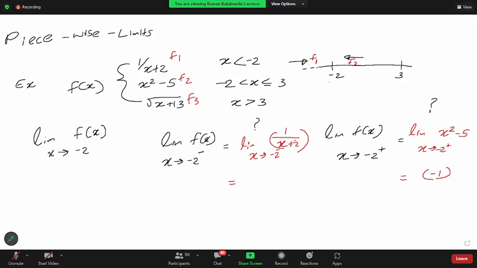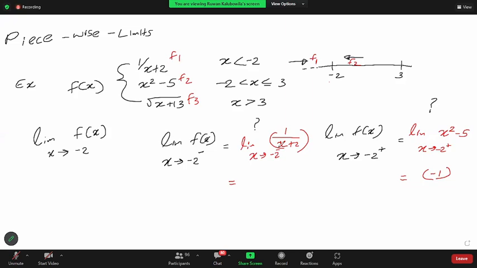Let's check. Now this is a rational function, so the very first step is just to plug in the value and see what happens to the value of the function. When I substitute negative 2 here, I get 1 over 0, right? That is not a hole, that is an asymptote, so you have to find a way to handle it. You cannot simplify this one, so we do some analysis.